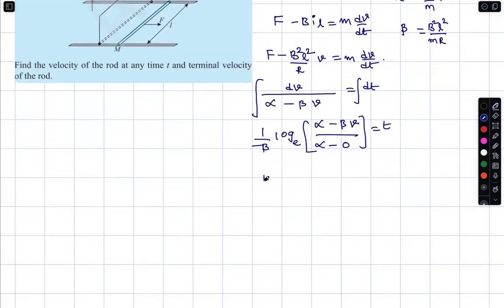So from this I can write log e (1 minus beta by alpha V) is minus beta t.